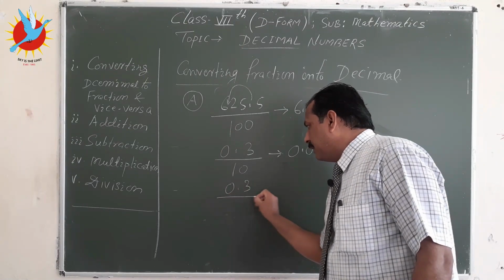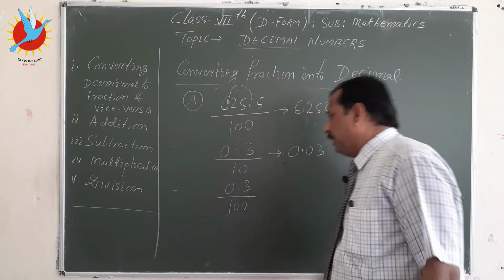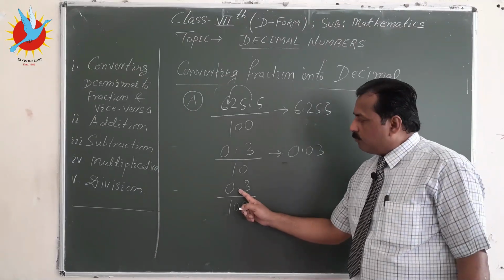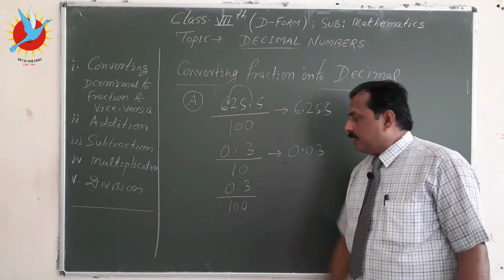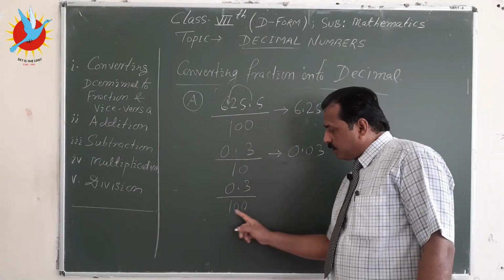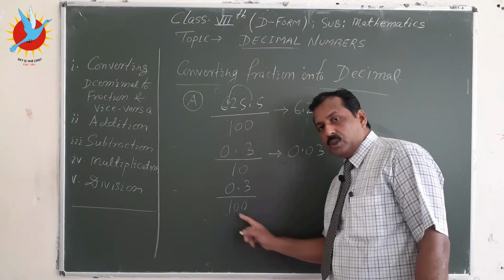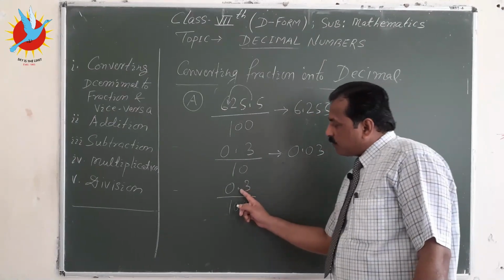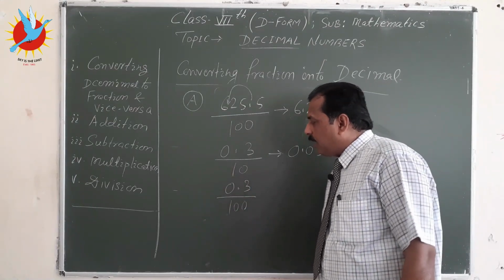0.3 divided by 100. How to do it? This decimal will move 2 digits. How many zeros are there in the denominator? 2 zeros. So this decimal will shift 2 places on the left hand side.